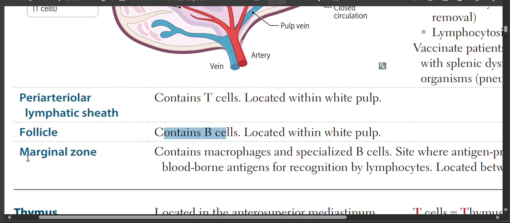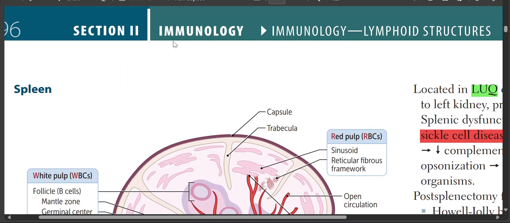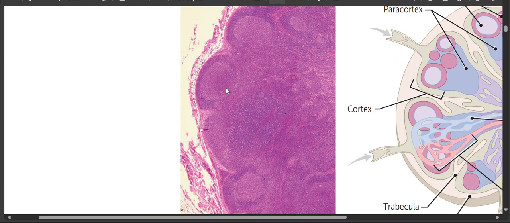Now, the marginal zone is an interesting region because it's the space around the follicles. Even in a standard lymph node, there is a follicle which contains the B cells, and surrounding that follicle, we have a paracortex.